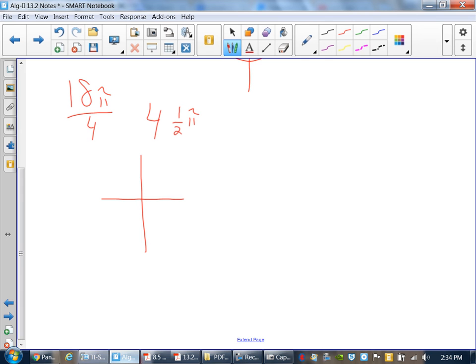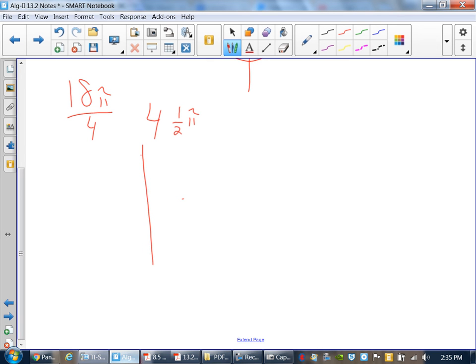Well, here's 0. 1 little, 2 little, 3 little pi's, 4 little, and now where's half pi? I'm just counting. You're okay with the convert, right?